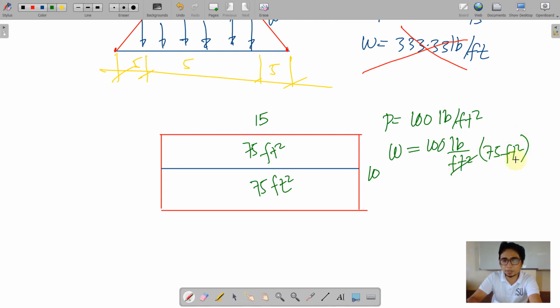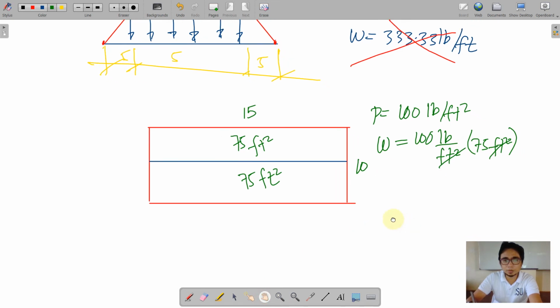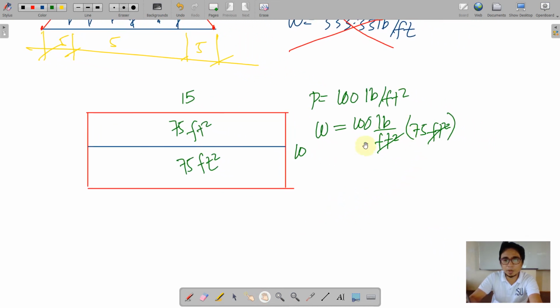Now this is cancelled, becomes pounds, or a unit for weight. So we wanted to distribute it on the 15 feet length. So what you do is to divide this by 15.